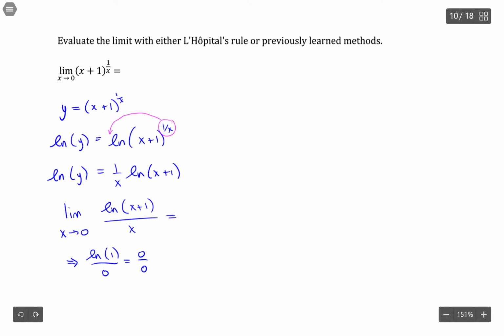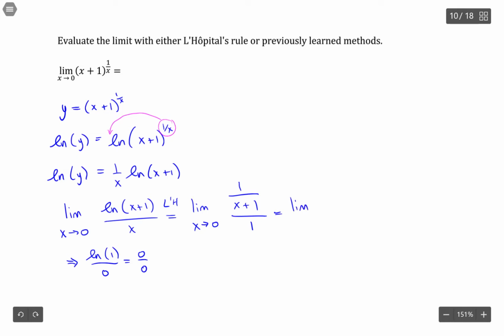So using L'Hopital's rule to evaluate this, I have the limit as x goes to 0. The derivative of the natural log of x plus 1 is the derivative of the argument of that logarithm divided by the argument. And then the derivative of x is just 1.